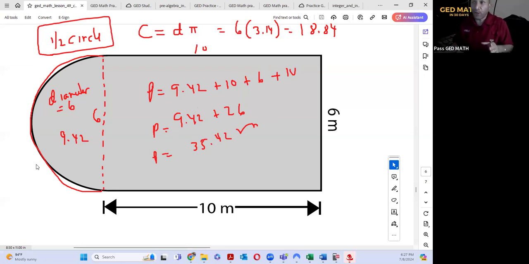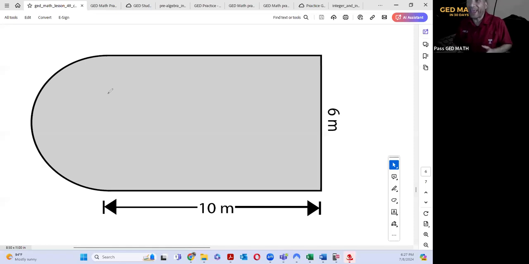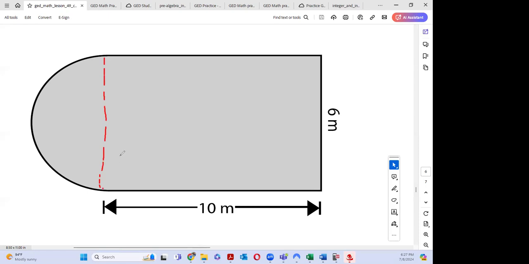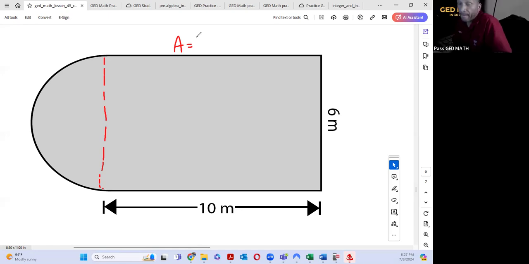What the GED's probably going to ask you is to find the area. So they say, find the area. For the half circle, A equals pi r squared to find the area of a circle.